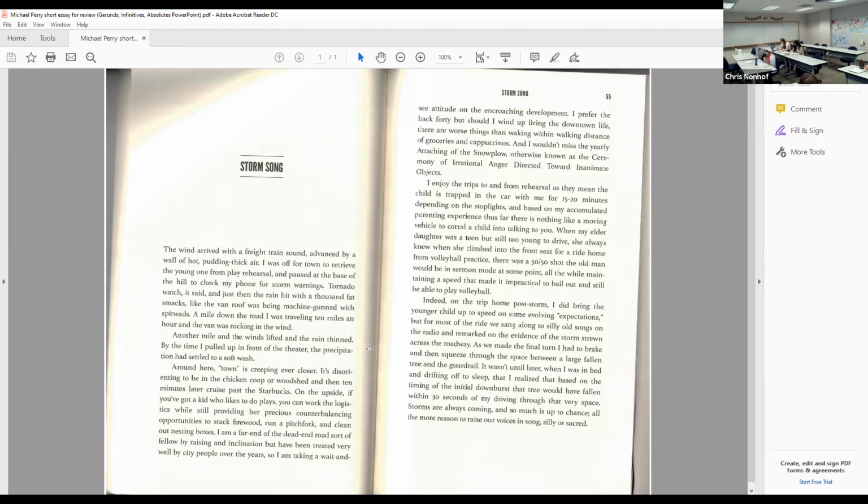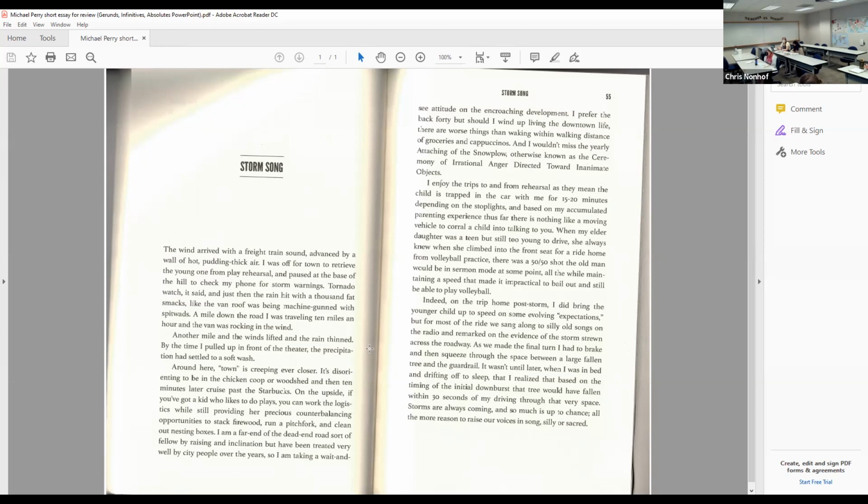Then he adds another one, which means we have to have another dependent clause coming after it, right? So, "When my elder daughter was a teen, but still too young to drive, she always knew when she climbed into the front seat for a ride home from volleyball practice, there was a 50-50 shot the old man would be in sermon mode at some point."